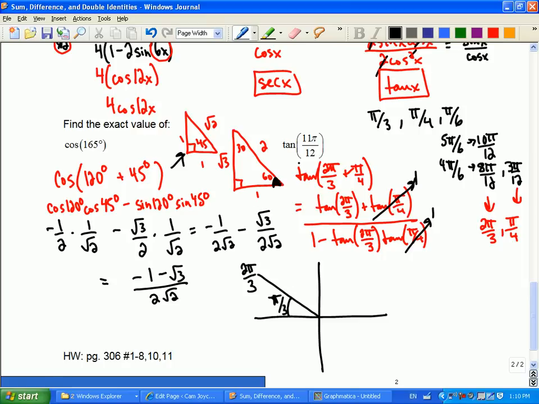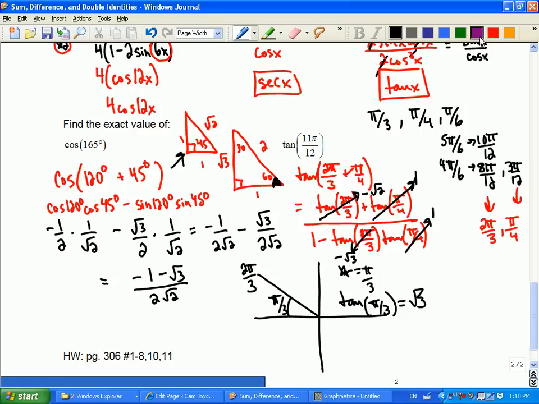So if I go opposite over adjacent, I get root 3 for my reference. Oops, sorry. So let's just say the reference here was pi over 3. The tangent of pi over 3 is root 3. So we're going to have negative root 3 since we're in quadrant 2.